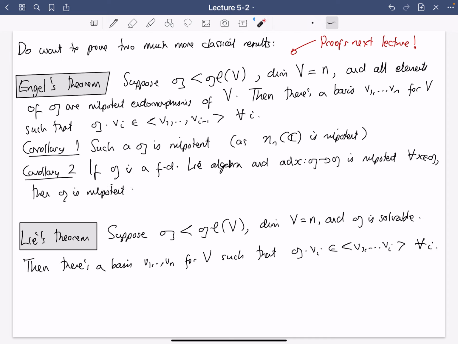That follows because the kernel of ad is the center, and the image of ad, so that's g over the center, will then be a subalgebra of gl(g), all of whose elements consist of nilpotent endomorphisms by that hypothesis. And so Engel's theorem then implies that this g is embedded by this adjoint representation into the strictly upper triangular matrices, so it's nilpotent, as in corollary 1.